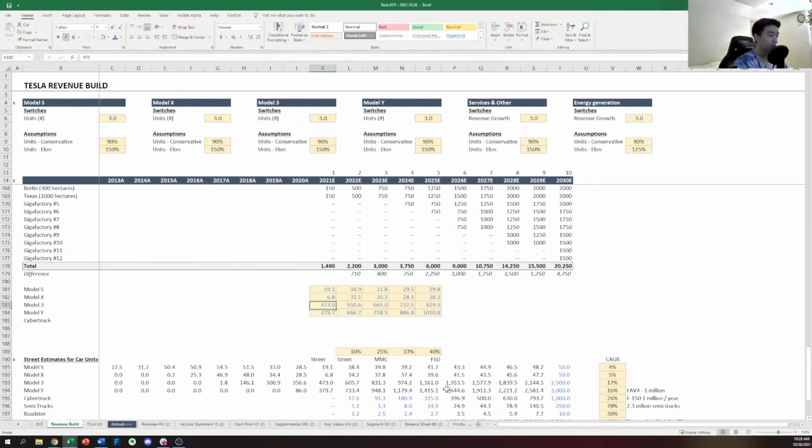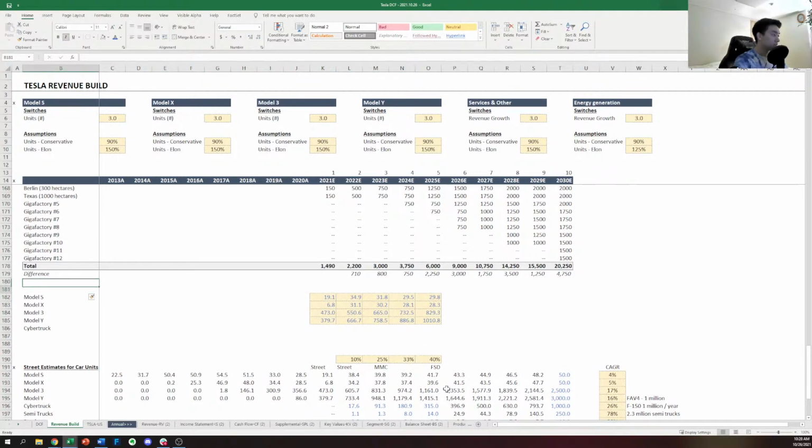Okay. So these are our street figures. Street estimates. Estimates for our car units.